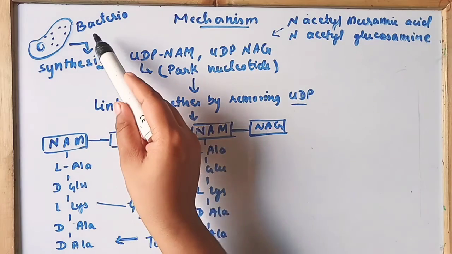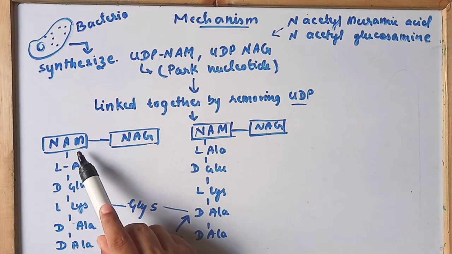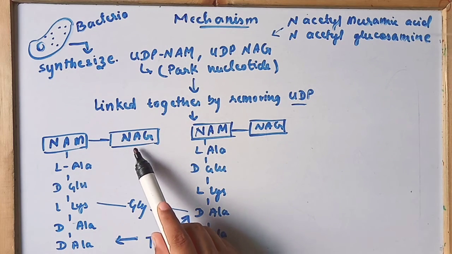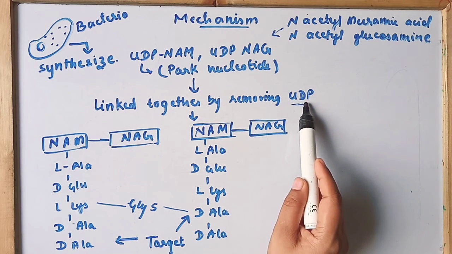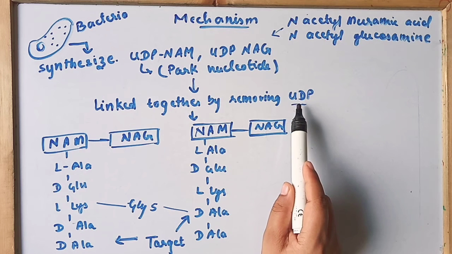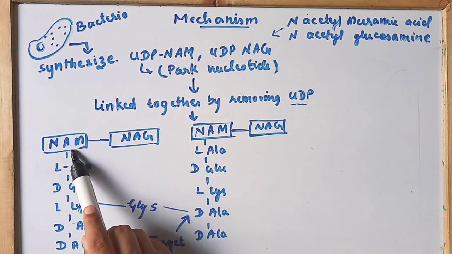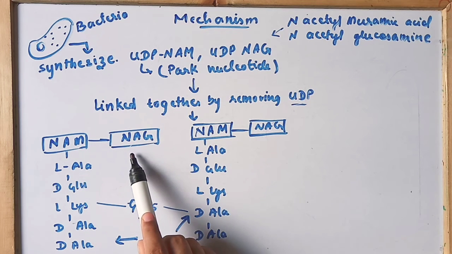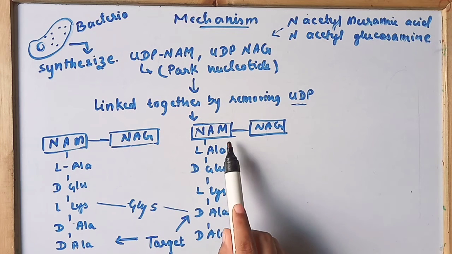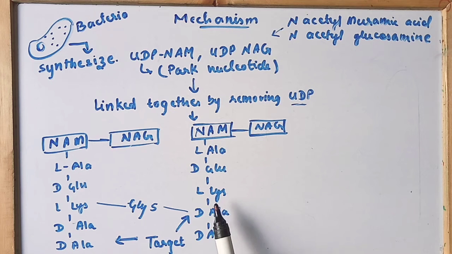So the main mechanism of bacteria is to link these NAM and NAG together. For this, they remove the UDP, and this removal of UDP produces some energy which is used to link together these two branches. So after this process, these NAM and NAG are linked together, and another NAM NAG group is linked. This process takes place with the help of glycine 5.